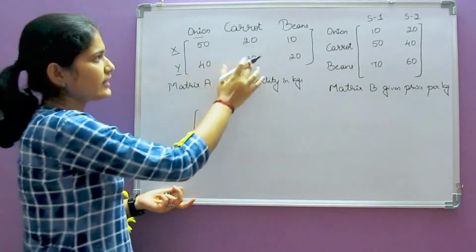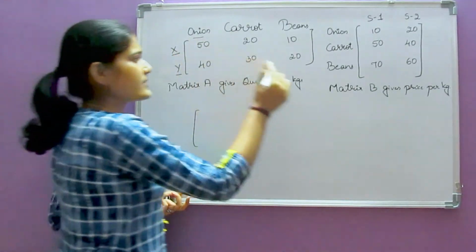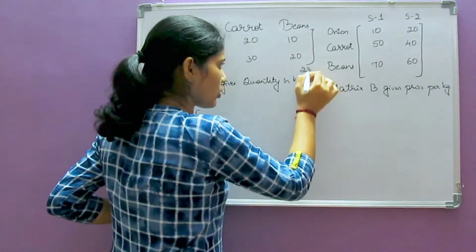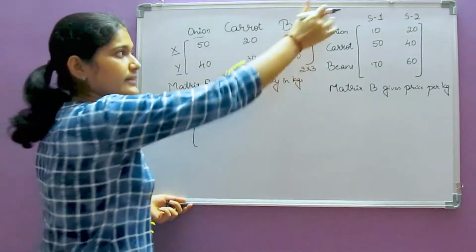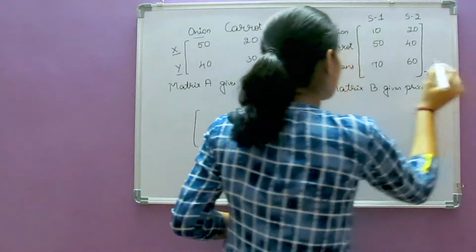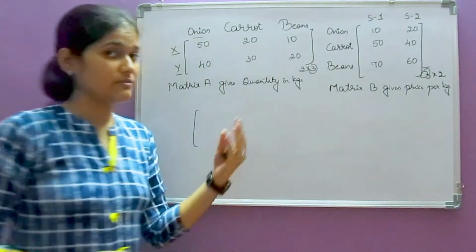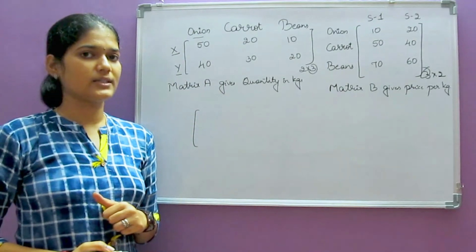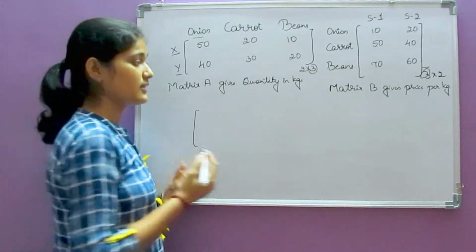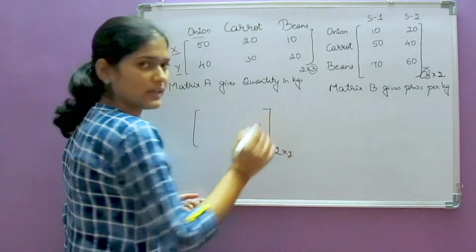Here, we have written the elements in the matrix form. Observe here. This matrix is of order 2 cross 3 and this matrix is of order 3 cross 2. So, number of columns is equal to number of rows, which means we can multiply these two matrices, and we also know that the resultant matrix will be of order 2 cross 2, isn't it?